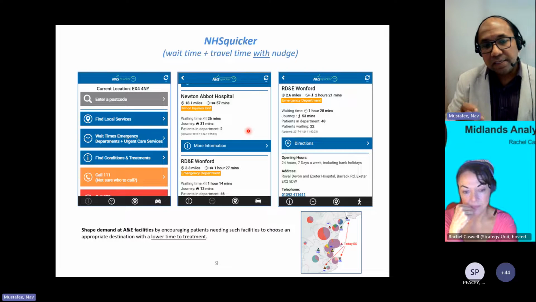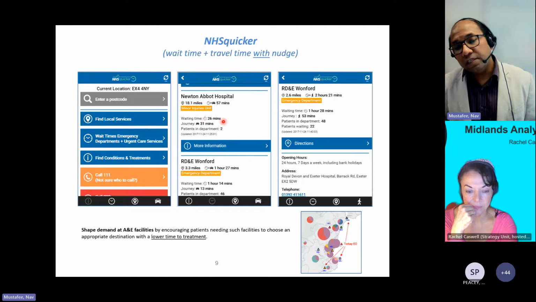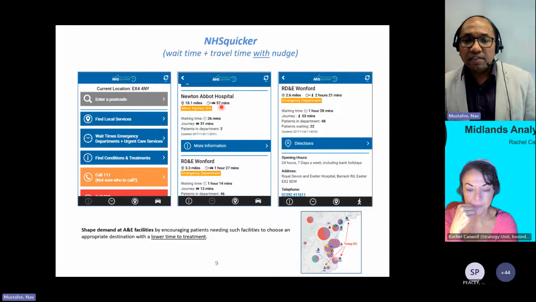And then our default in the nudging is that we show results based on the combined journey time plus the waiting time of a facility. By combining journey time and waiting time, we are saying that the person's estimate will take 57 minutes.